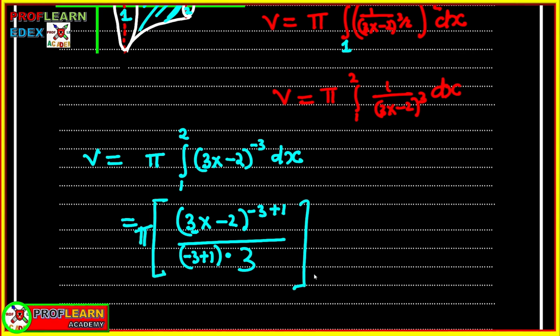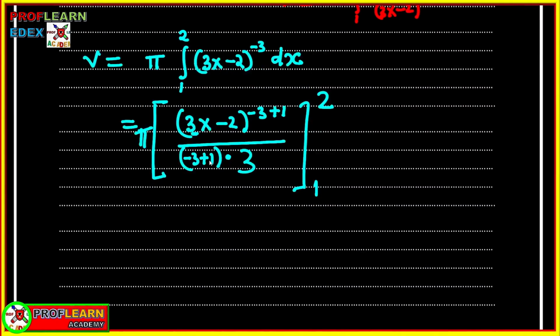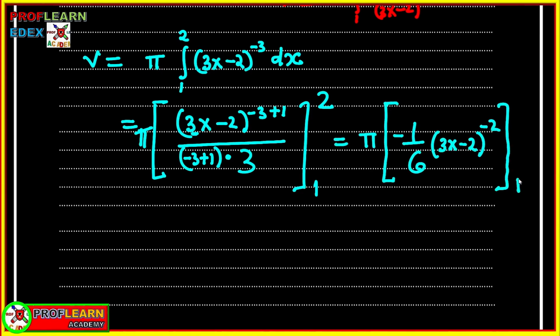Okay, now the limit is from 1 to 2. And then now you proceed with the substitution, correct substitution, and ensure that you are very keen in your algebra workings so that you don't mess up a question that you could have gotten right.